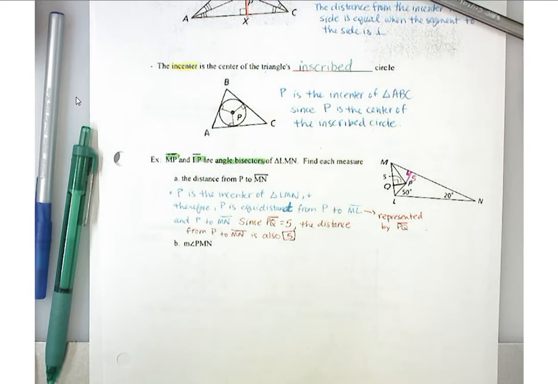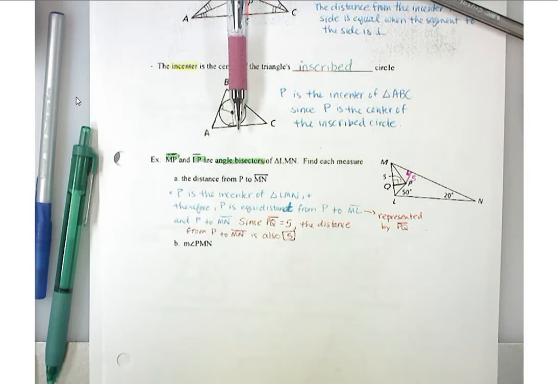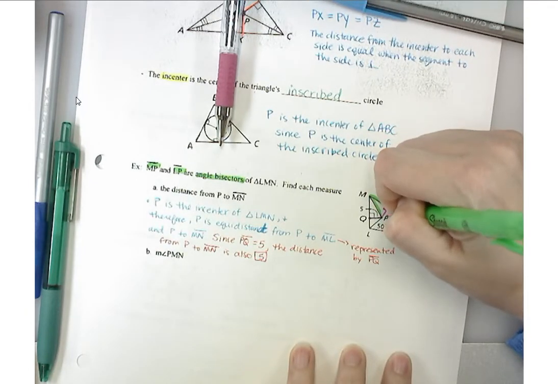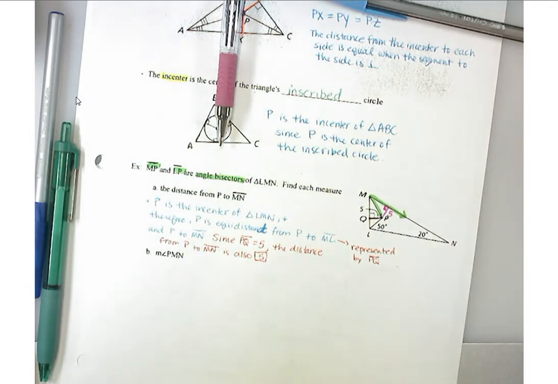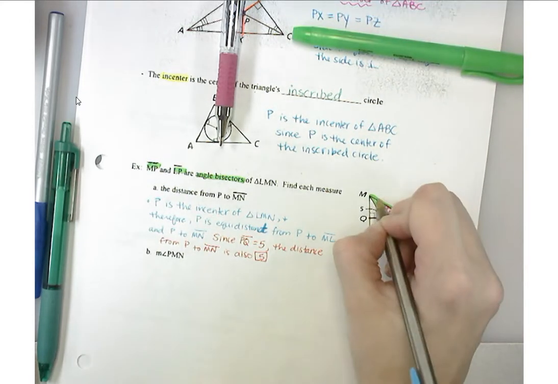We're also asked to find in part B the angle PMN. So I'm going to draw that angle, using a different color. If I go from P to M to N, I'm trying to find this angle here.